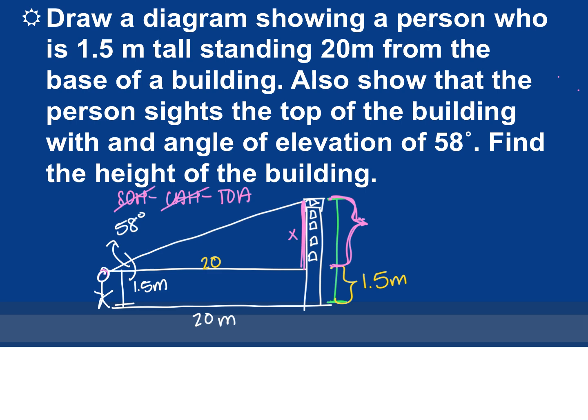I'm not using any of my heights, so I'm going to use tan. I'm taking tangent 58 equals opposite over adjacent. So I'm multiplying both sides by 20. Plugging this into your calculator, 20 times tan 58, what are you going to get for x?